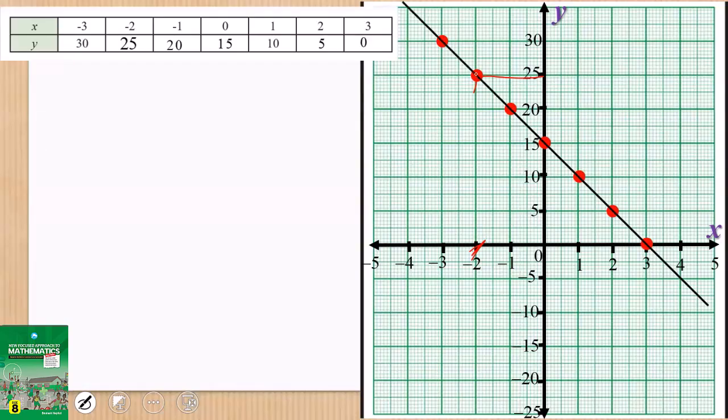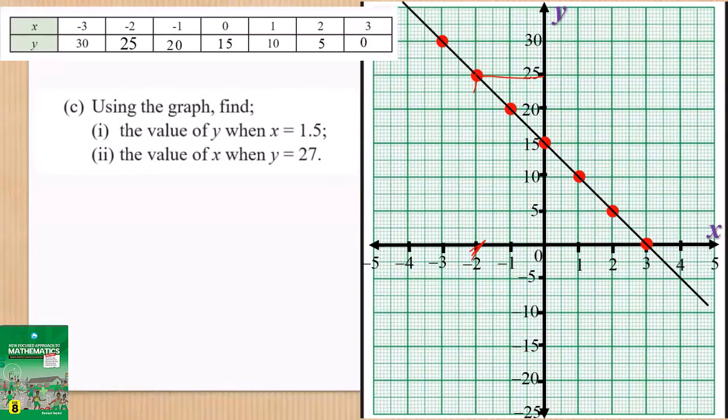Now the question wants us to use the graph to find the value of y when x is 1.5. So 1.5 can be located here. When x is 1.5, we draw a line straight to the graph line, and then track it to this point, and that will give us between 5 and 10.